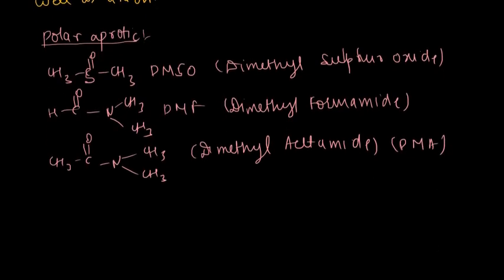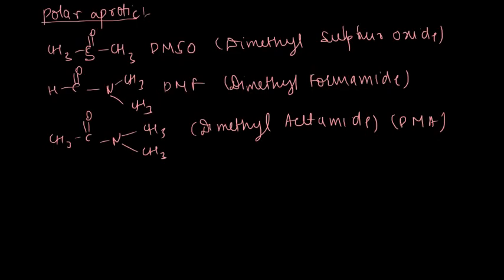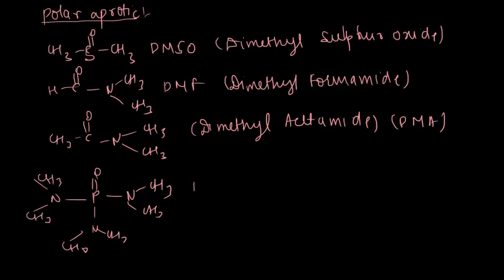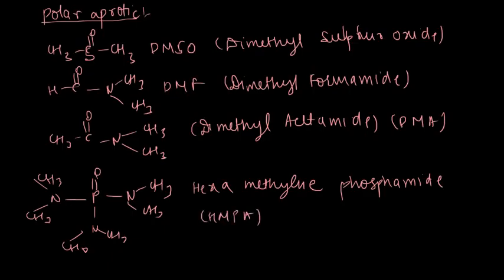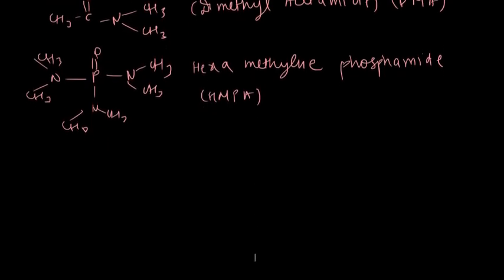We have one more example of polar aprotic solvent, which is known as HMPA: P=O phosphorus with six CH3 groups. It is hexamethylphosphoramide, HMPA.